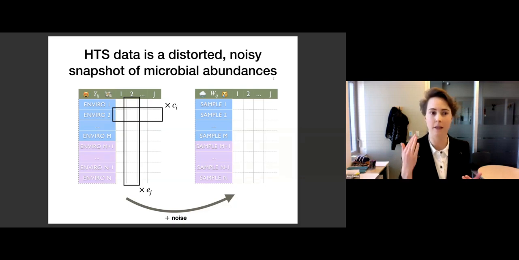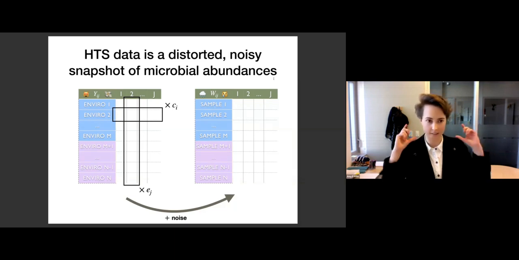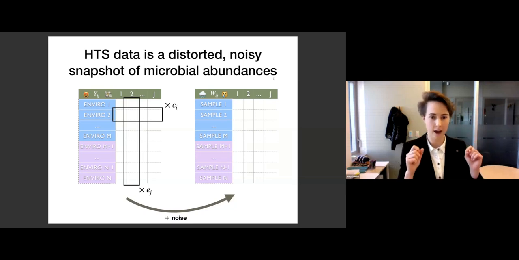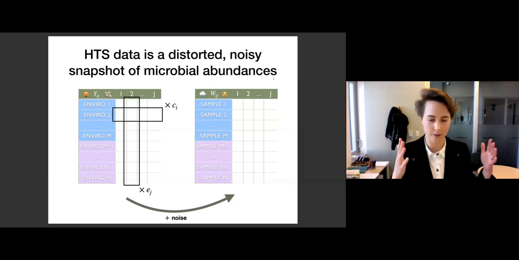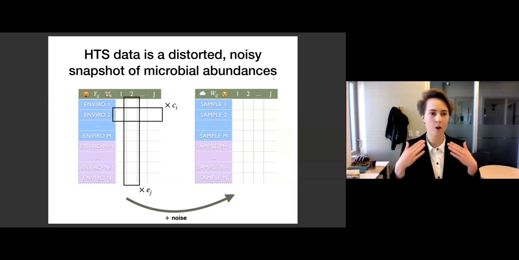So there's some sampling intensity that's sample specific or environment specific, and I'm going to denote those values by CI. We're sequencing some samples more deeply than others. We have this information CI that indexes how deeply we sequence that sample.